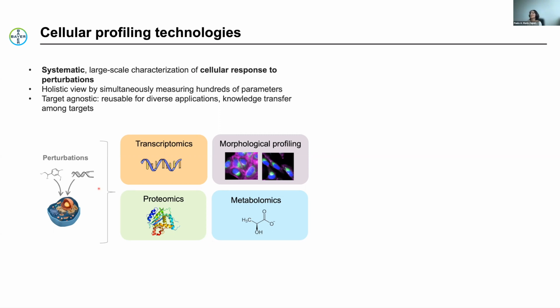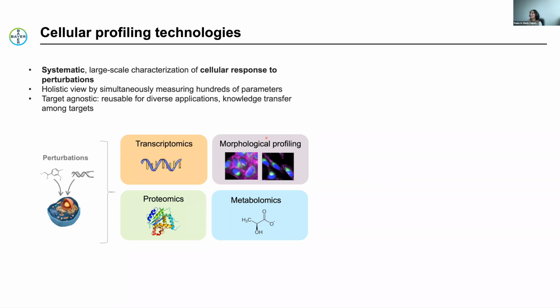So the idea is that we treat the cells with perturbations. It could be chemical perturbations or genetic perturbations. And then we use omics technologies as readout to characterize the effects in the cells.